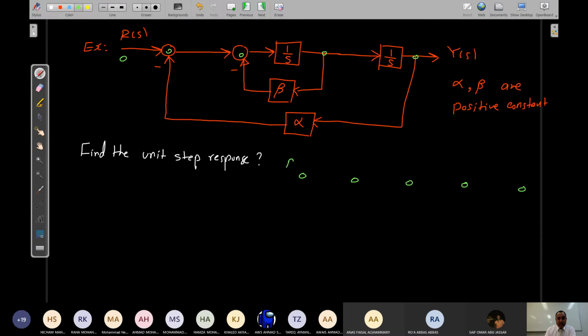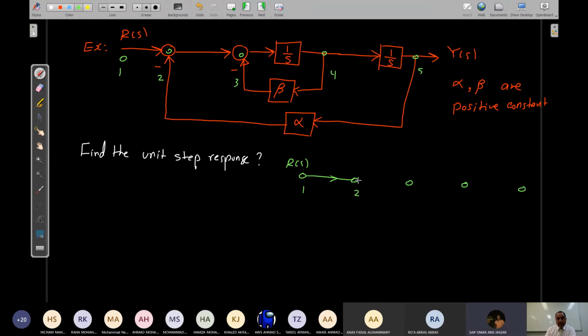The first one is R of S, connecting with node number 2. So this is the 1 and this is the 2.